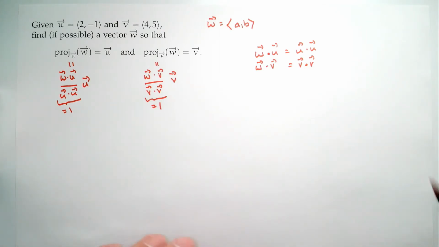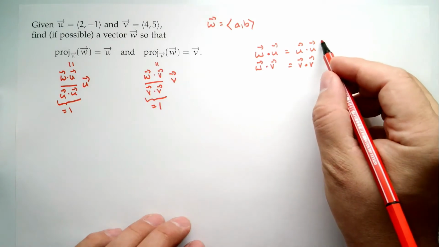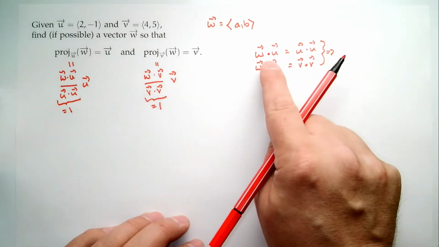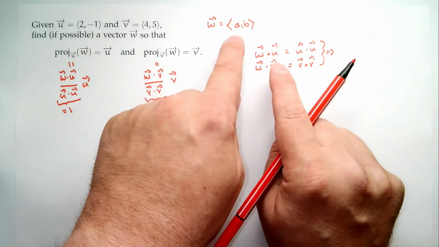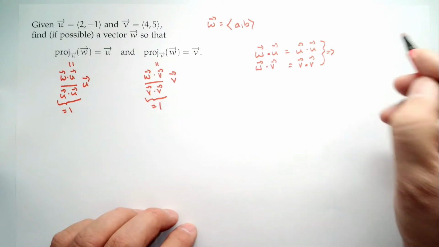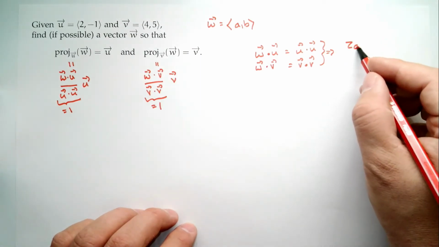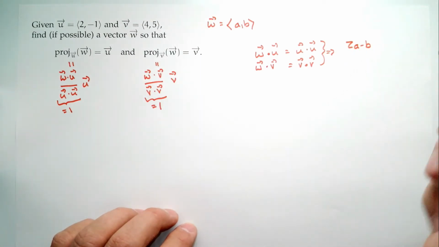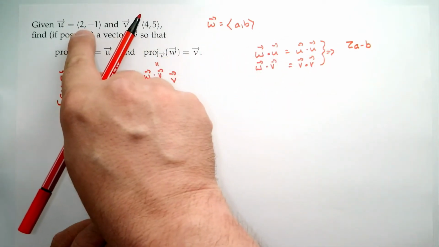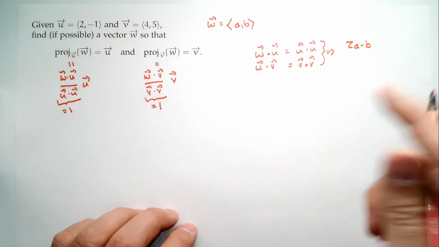Now we can go one step further and write out what this actually means. Here I have a dot product of w and u. So w dot u becomes 2a minus b. That's got to equal u dot u, which is 2 times 2 plus -1 times -1.